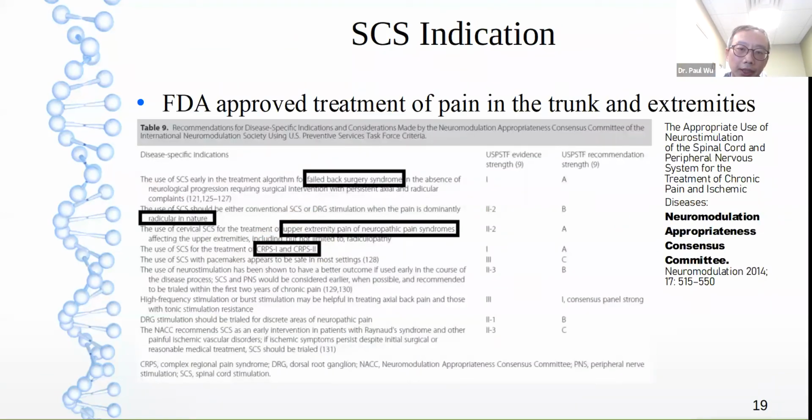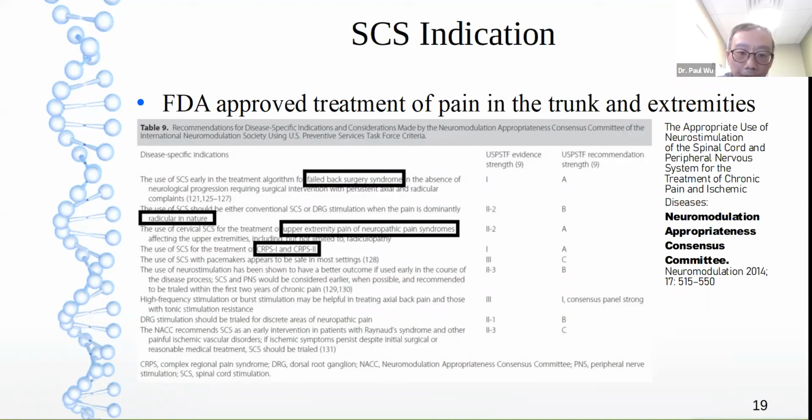In general, the indication for spinal cord stimulation is as follows. FDA is approved for spinal cord stimulation treatment for pain in the trunk and extremities. Based on the most recent Neuromodulation Appropriateness Consensus Committee recommendation, and based on the existing evidence, spinal cord stimulation has a grade A evidence with a level 1 strength for failed back surgery syndrome, and a grade B recommendation for radiculopathy.